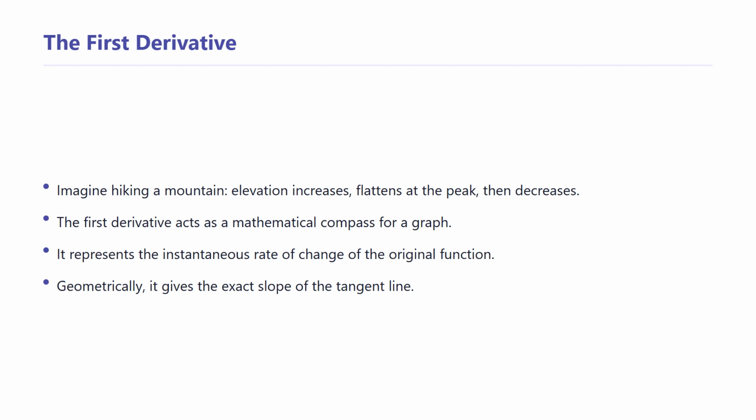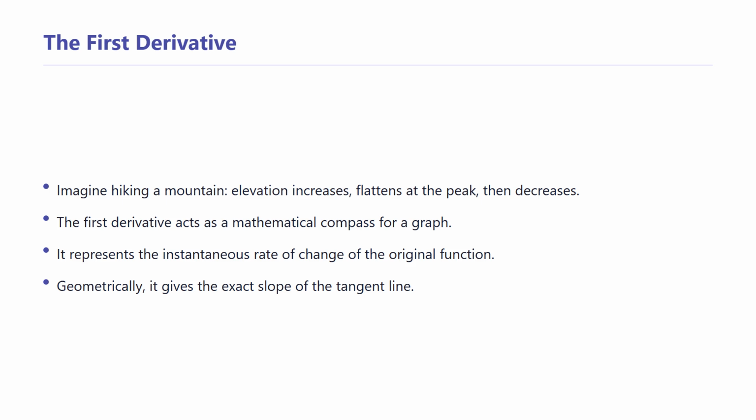To begin our journey, imagine you are hiking up a massive mountain range. As you climb, the path is steep, but at the very peak, the ground is perfectly flat for a brief moment before you head down. Calculus gives us a brilliant way to describe this physical experience using the first derivative.